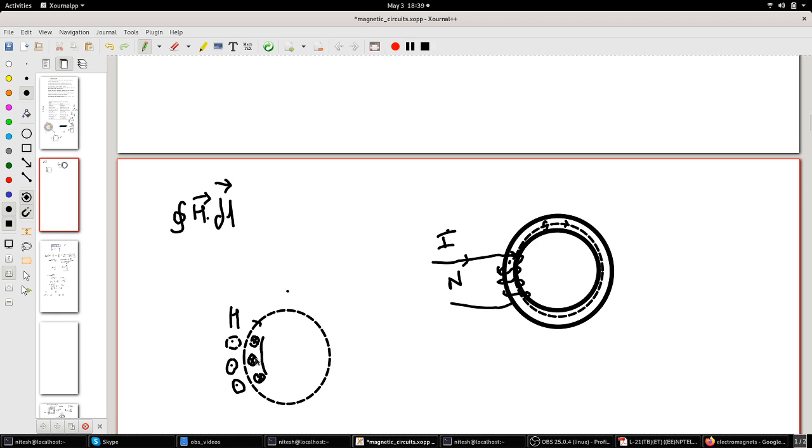Right now it's showing 3, but I'm assuming that there are n turns. Then n into I is the amount of current enclosed by this particular closed path. This NI is your MMF, magnetomotive force. Clear?